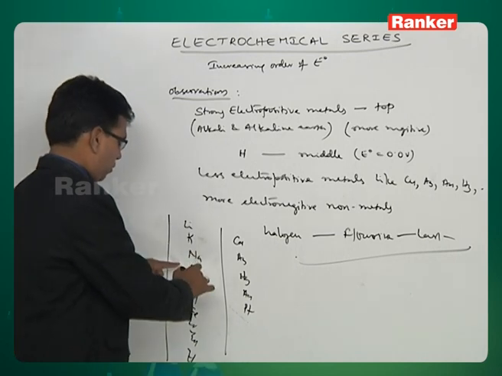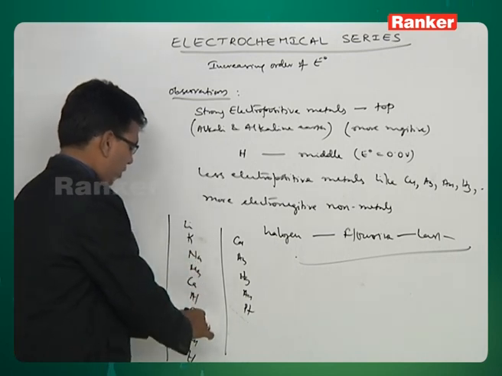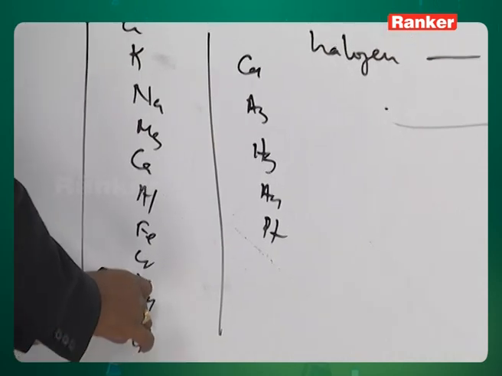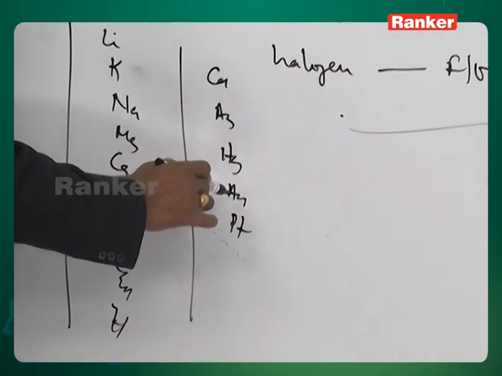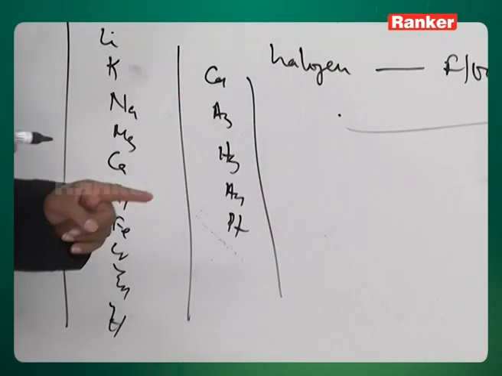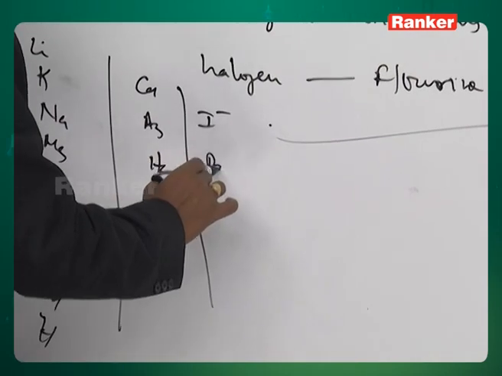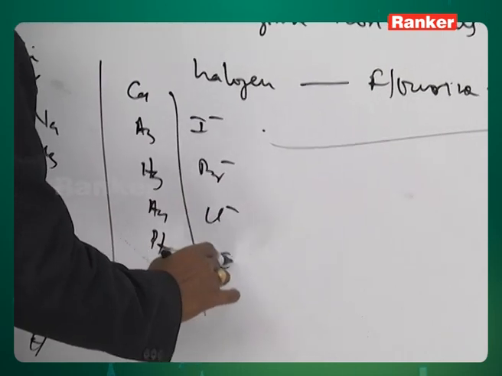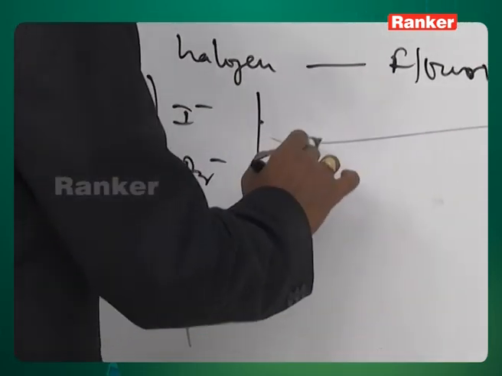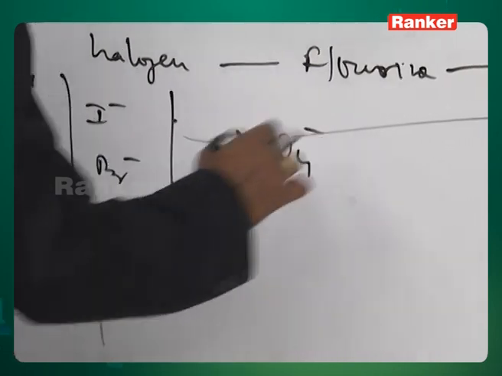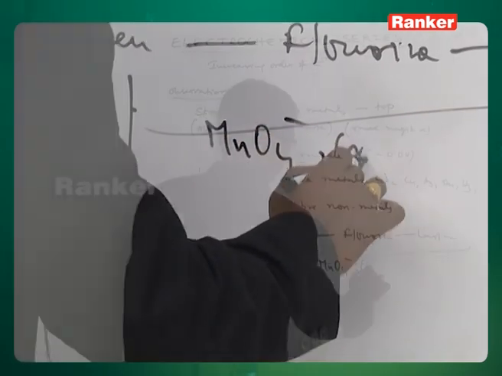Highly electropositive, relatively less, moderate, low electropositive, then finally electronegative: iodide, bromide, chloride, fluoride. In between we also have oxidizing agents like permanganate, dichromate.